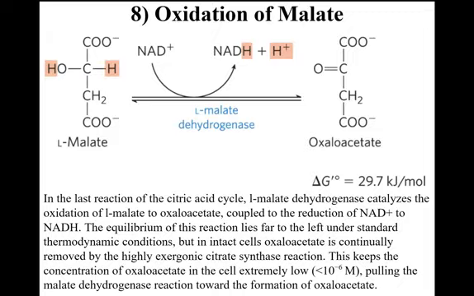So in the last reaction of the citric acid cycle, L-malate dehydrogenase catalyzes the oxidation of L-malate to oxaloacetate, coupled to the reduction of NAD plus to NADH. The equilibrium of this reaction lies far to the left under standard thermodynamic conditions.